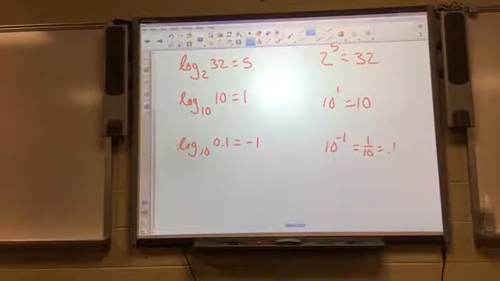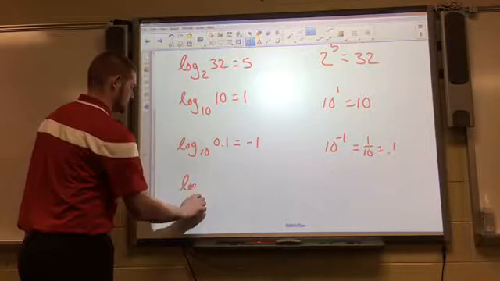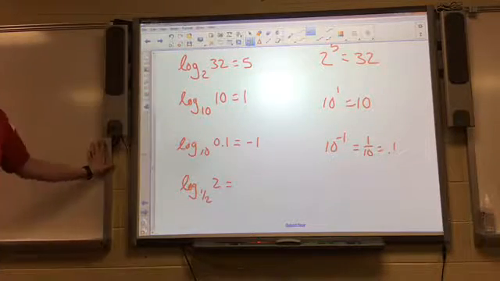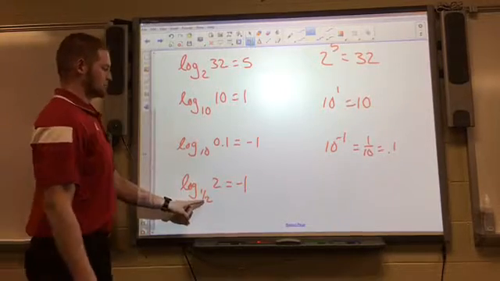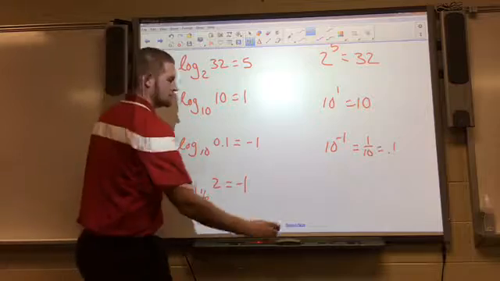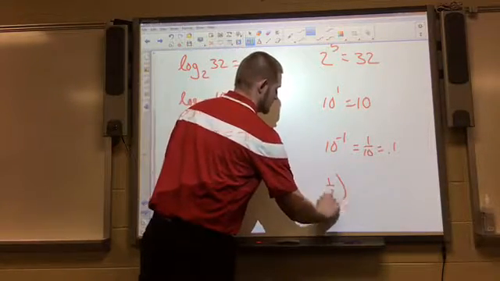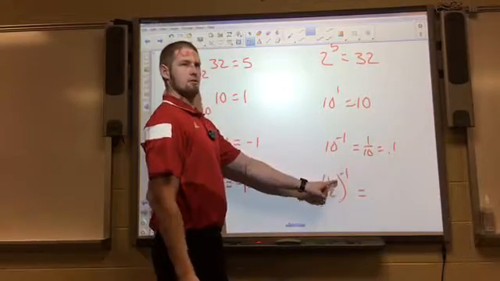Okay. And then the last one we're going to take a look at is log base 1/2 of 2 equals -1. So I have 1/2 to the negative first. What do you do with this?